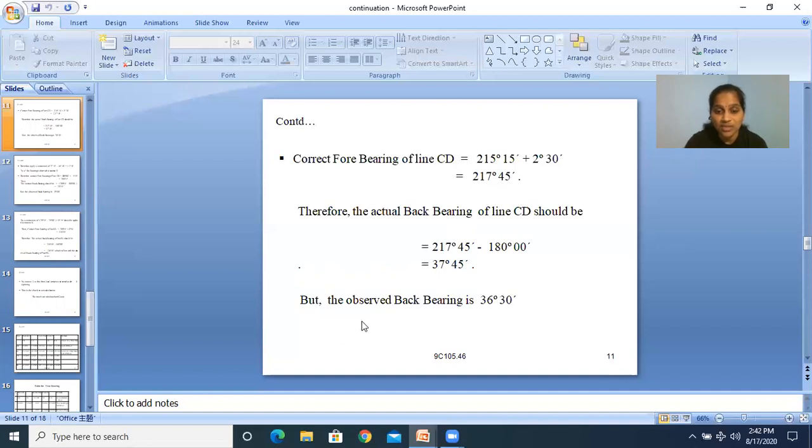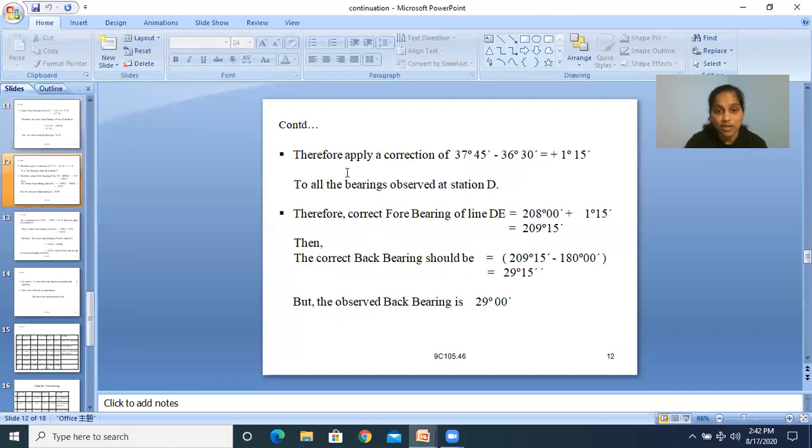But the observed back bearing of line CD is 36 degrees 30 minutes. Then the error: apply a correction of 37 degrees 45 minutes minus 36 degrees 30 minutes, that is plus 1 degree 15 minutes, the correction. So to all the bearings observed at station D, we have to apply this 1 degree 15 minutes.